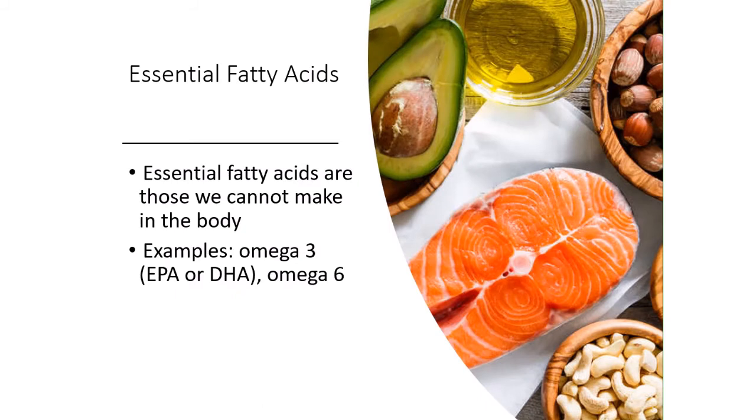We cannot survive without fat, and there are some fats that are essential for our bodily function. So we call those essential fatty acids. Examples of essential fatty acids are omega-3 and omega-6. These are the ones that we cannot make in the body and must rely on the food source to get them. So you can get high omega-3 from fish, for example, and there are actually some good fats in avocado as well.